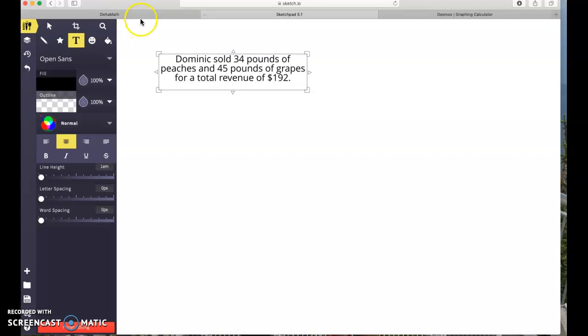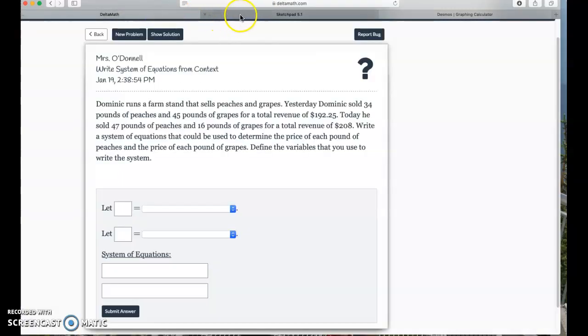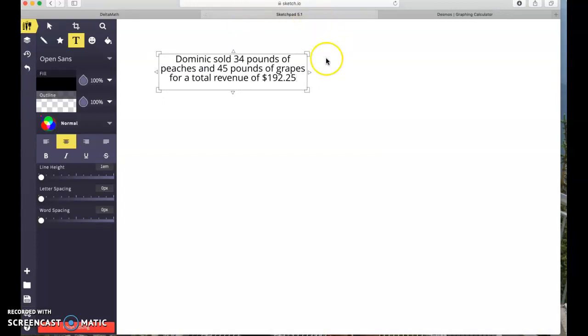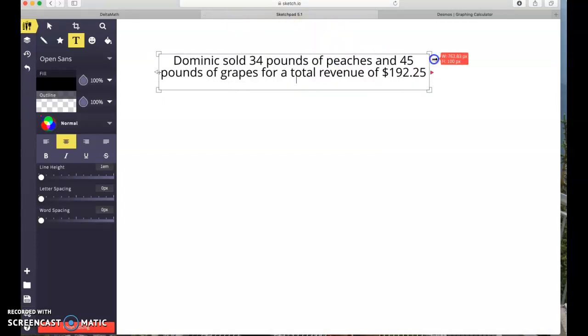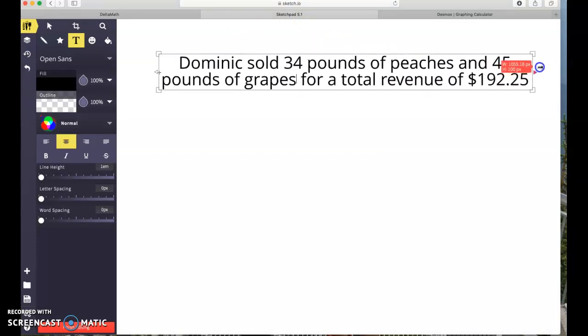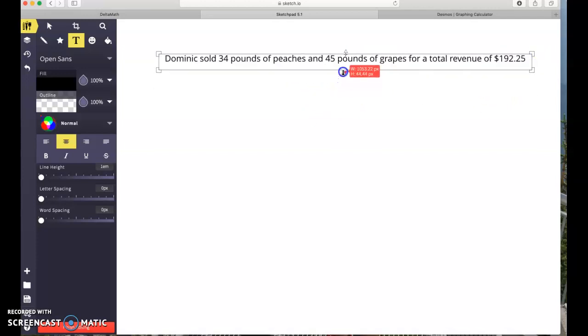I'm just retyping it so it's easier to look at. Let's break down this equation. I want to make it smaller because I want it to just be on one line.